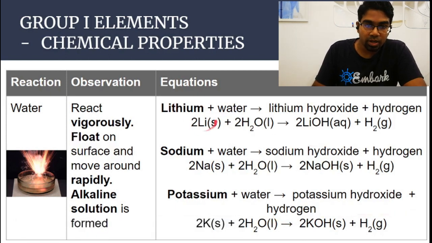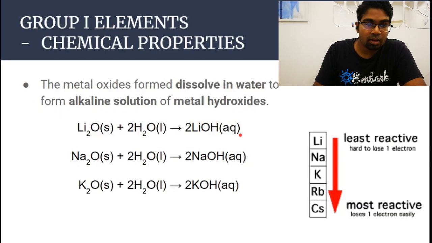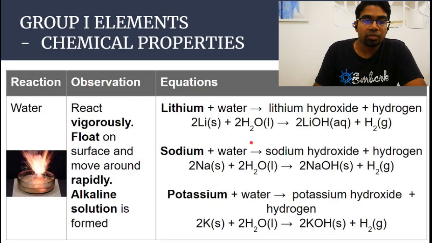When you start with a metal oxide, it dissolves in water to form just the hydroxide. There is no other product formed. However, when you react the metal directly with water, we have metal hydroxide, same as just now, but now we have hydrogen gas as well.